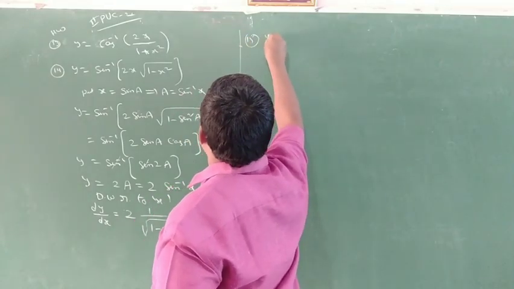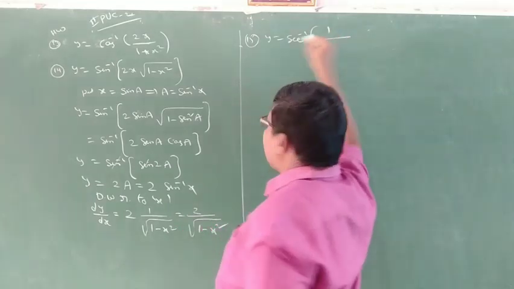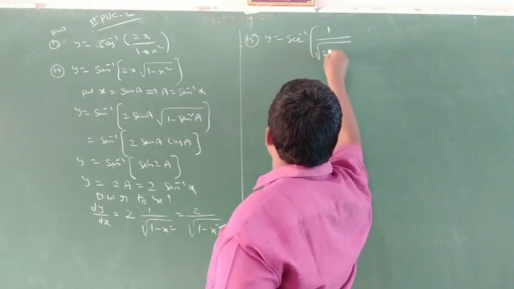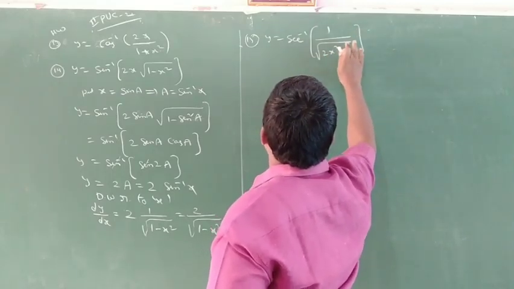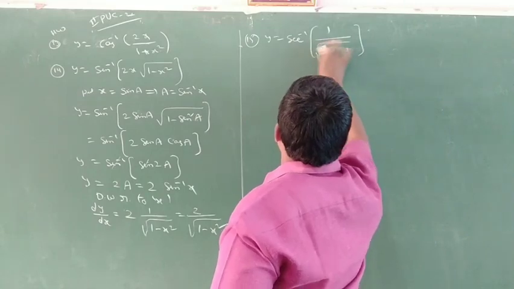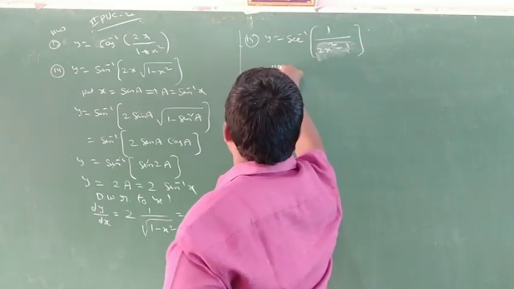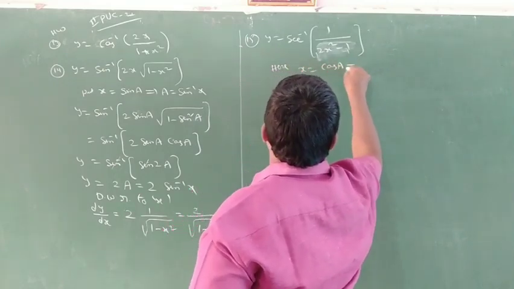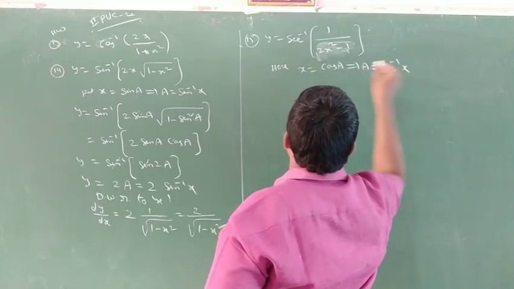Next one, y is equal to secant inverse of 1 by (2x square minus 1). Here x is equal to cos a, so a is equal to cos inverse x.